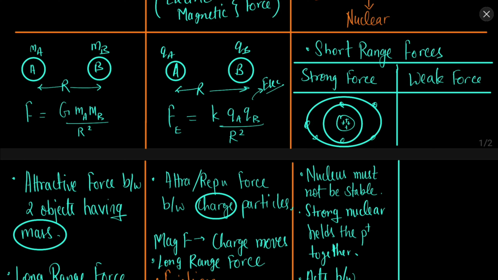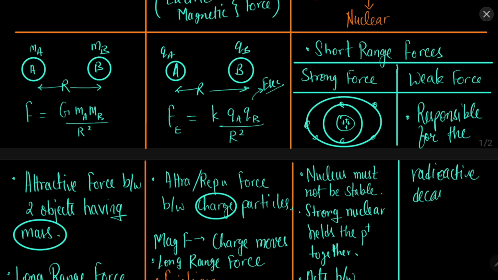Now what about the weak nuclear force? The weak nuclear force is the force which is responsible for radioactive decay. You might not have heard about it. So what is radioactive decay?